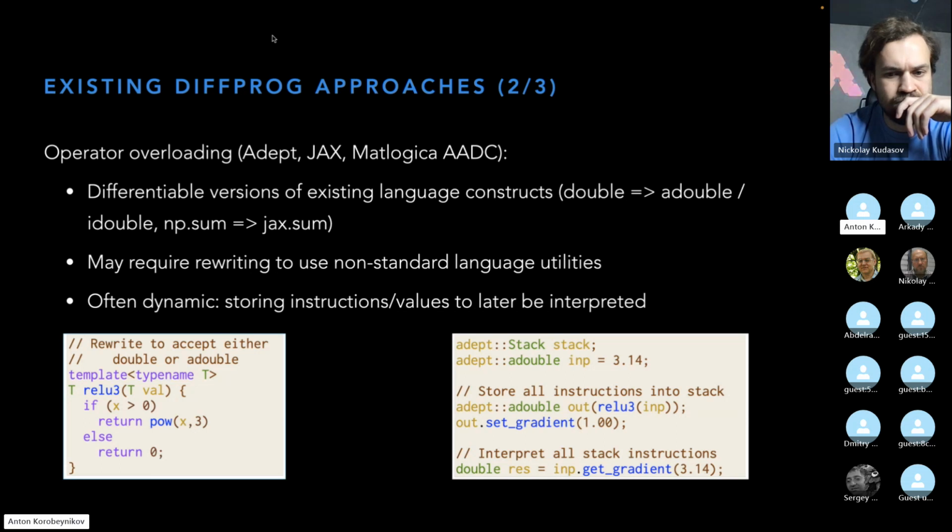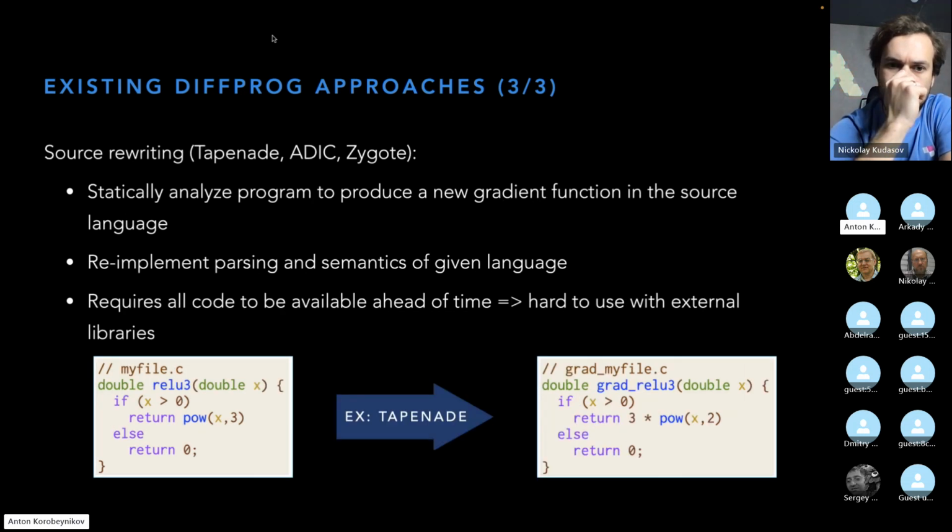And as I said, it's often dynamic. So usually the operations here have side effects of recording the operations, computing some elementary gradients on the fly, and then interpreting the results, producing the final gradient.